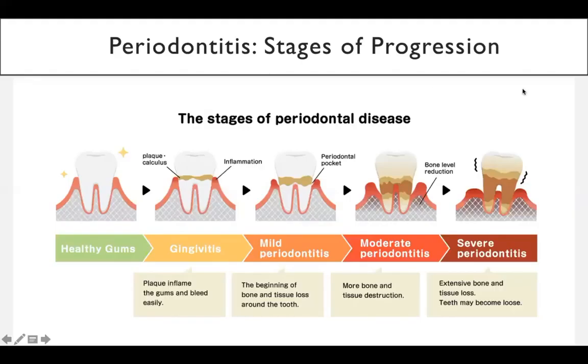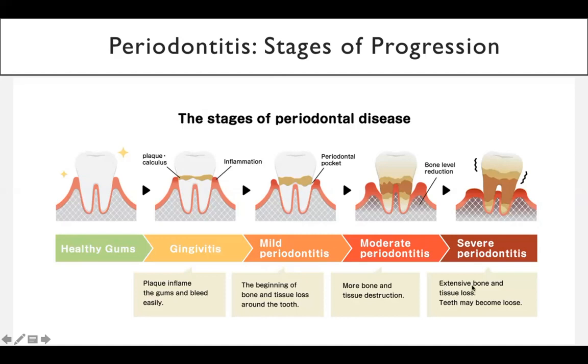So what are the stages of progress? As you already know, healthy gums lead to gingivitis, where gums are inflamed and plaque and calculus are formed. Then the periodontal pockets deepen, causing mild periodontitis. When bone levels are further reduced and the gaps widen and the pocket deepens, there is more bone and tissue destruction: moderate periodontitis.